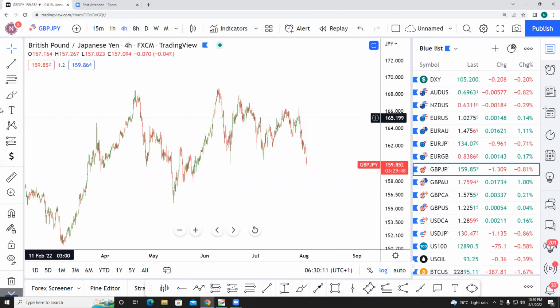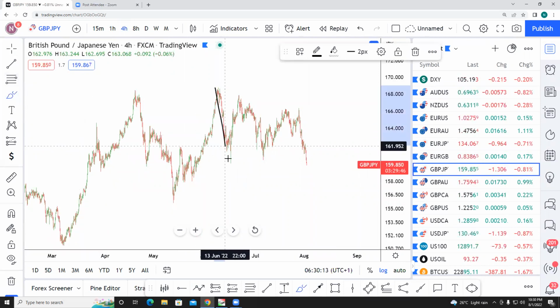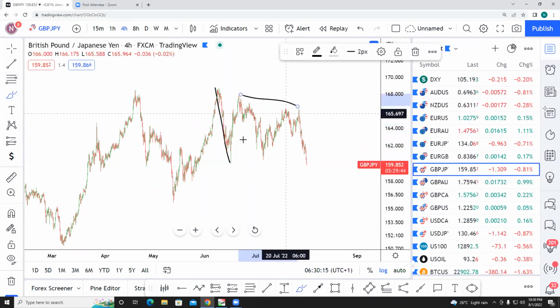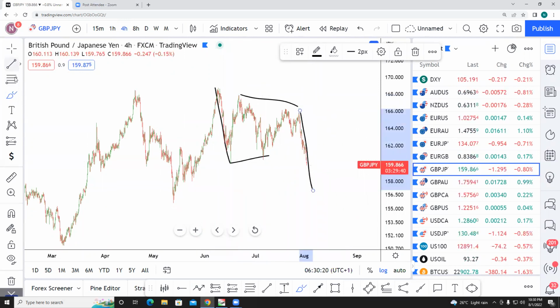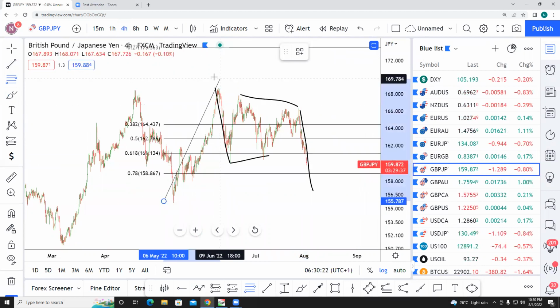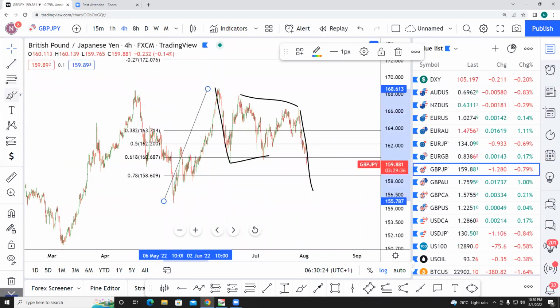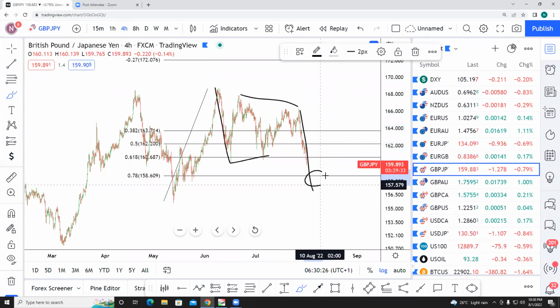Okay, I've seen that GBP JPY is going to make this structure: a contracting flat down to break this low, and then look at this impulse. Look at 78. Why are we looking at 78, guys?